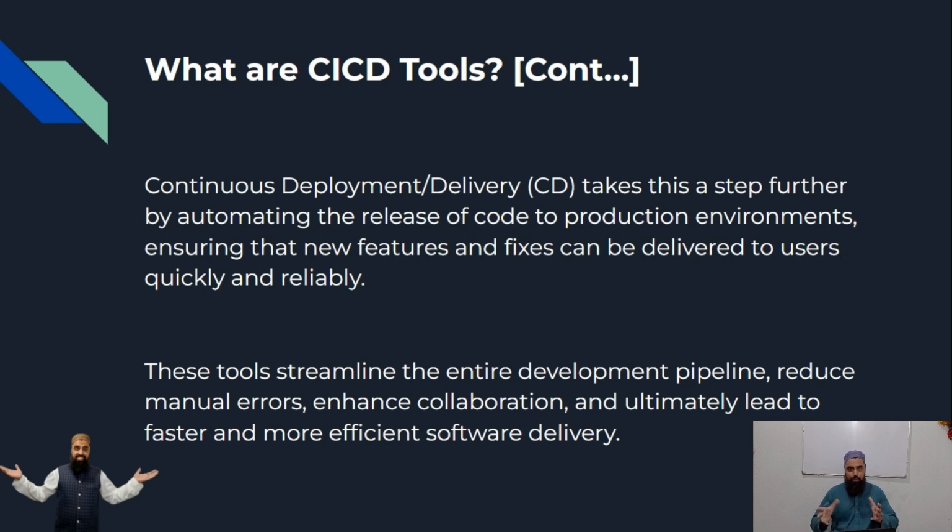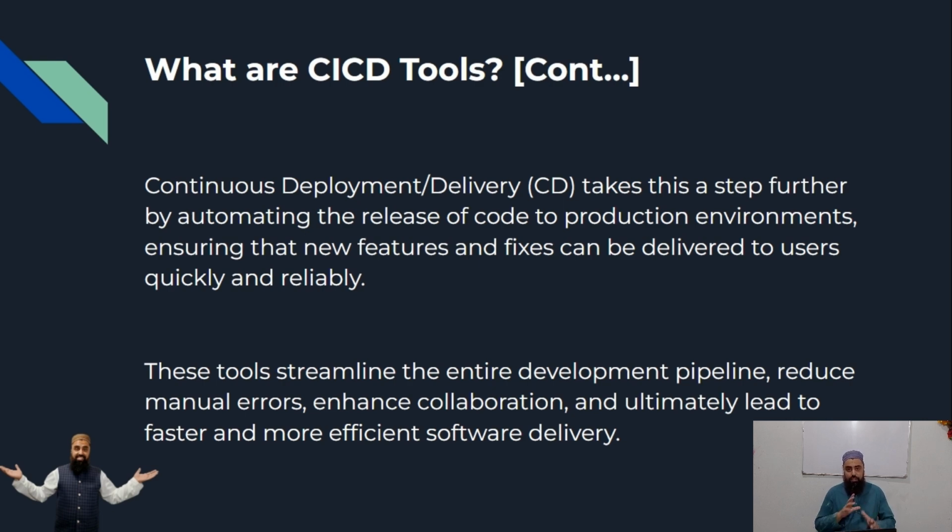So that is actually the difference between CI and CD, and these CI/CD tools streamline the entire development pipeline, reduce manual errors, enhance collaboration, and ultimately lead to faster and more efficient software delivery.